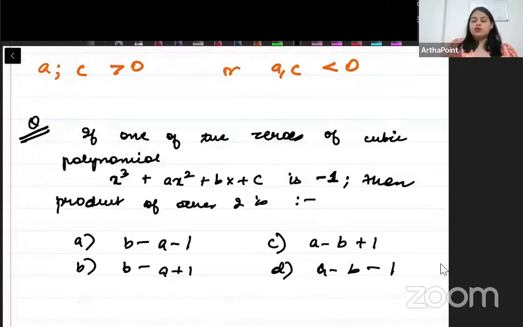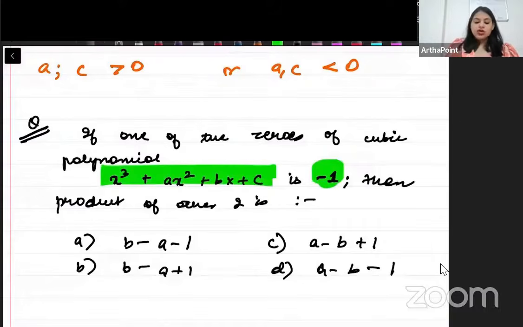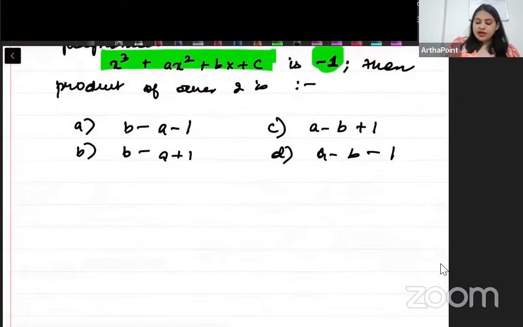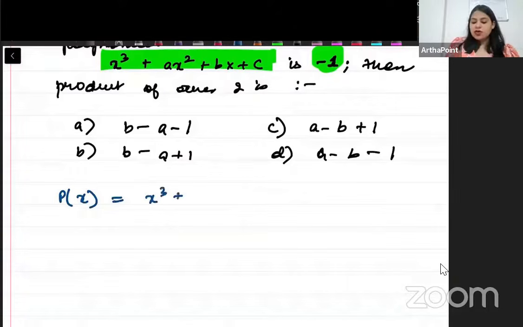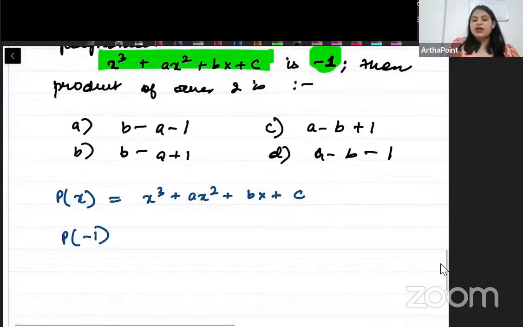बेटा, थोड़ा सोचना शुरू करो. One of the zeros is minus 1. मतलब when you put minus 1 in this equation, you should be getting 0, right? So let's start by writing the polynomial. It is x cube plus ax square plus bx plus c. When I put minus 1 instead of x, I should be getting 0.